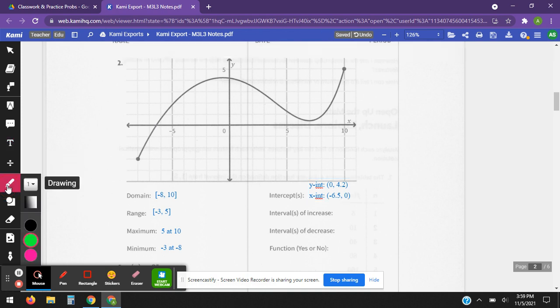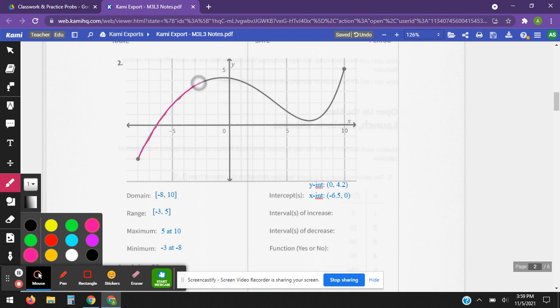Intervals of increase. So I'm actually going to draw on here. And I'm going to do my intervals of increase in purple. So about right here I'm increasing. Then we're decreasing. And it looks like, again, I'm going up about right here. So this is kind of my line. I didn't do that one very straight.